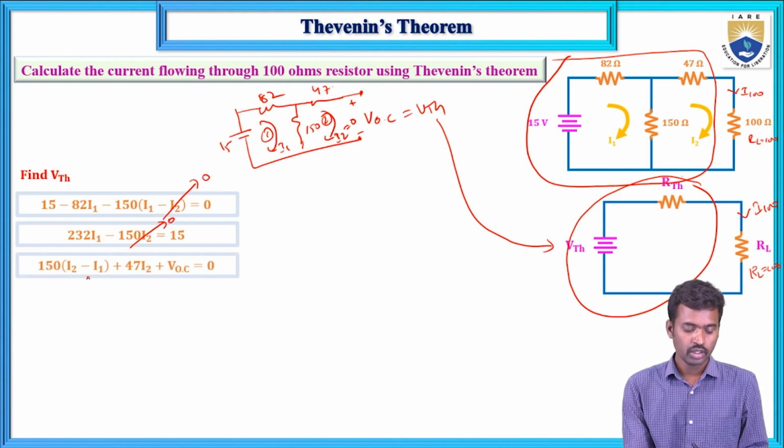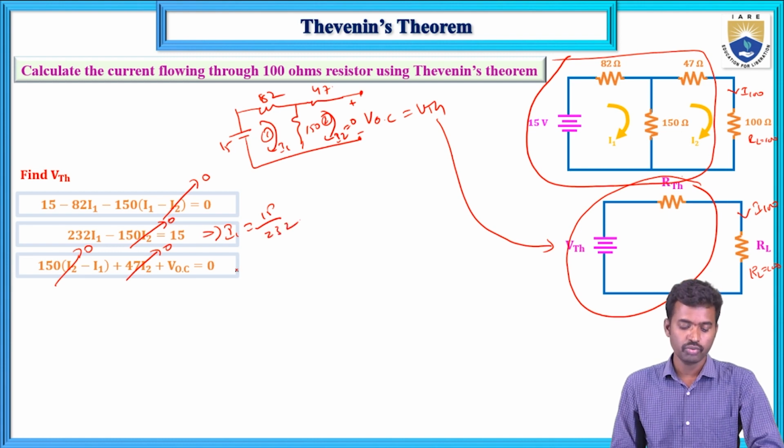Next, the second mesh equation: 150 (I2 minus I1), plus 47 I2, plus VOC equals 0. Here the I2 value is 0. First calculate I1 equals 15 by 232.